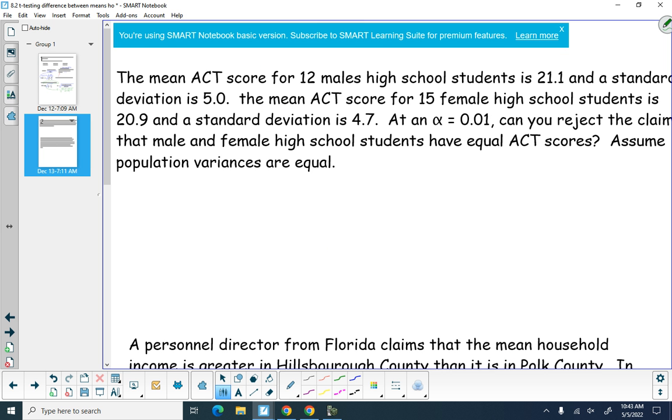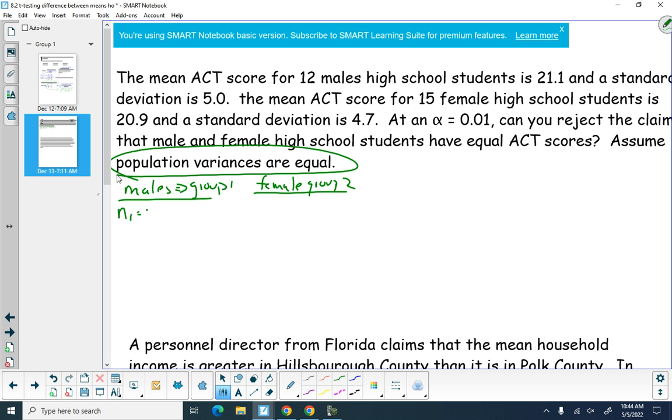So if we just take a look very quickly, here's one where your population variances are equal. Once again, I take a look at what comes first. Males come first. So N1 is 12, and DF1 is 1 less than that, 11.